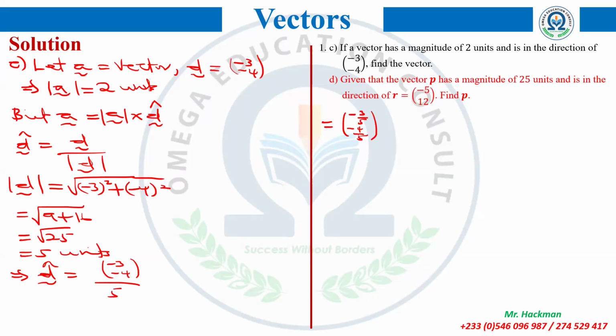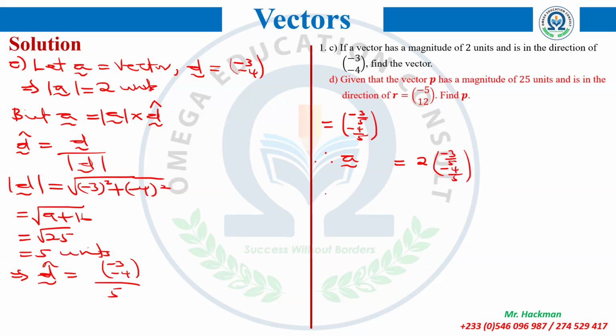Okay, you go and substitute. So I'm going to have, therefore, the main business: the vector A will be equal to the magnitude of the vector, which is 2, times the unit direction vector, which is -3 on 5, then -4 on 5.